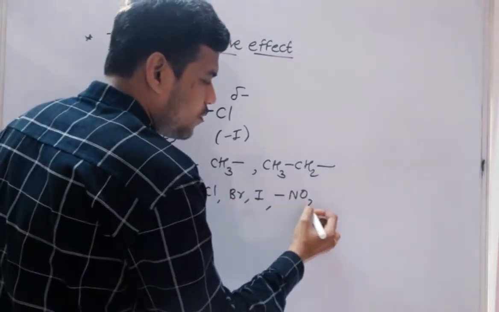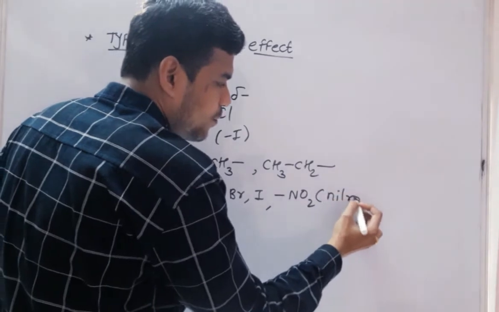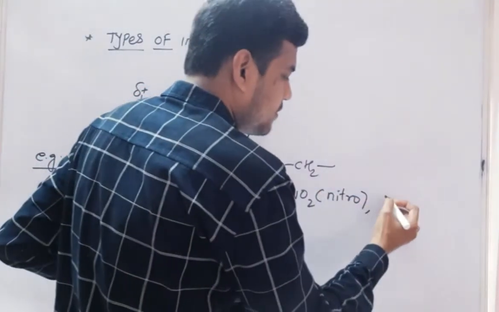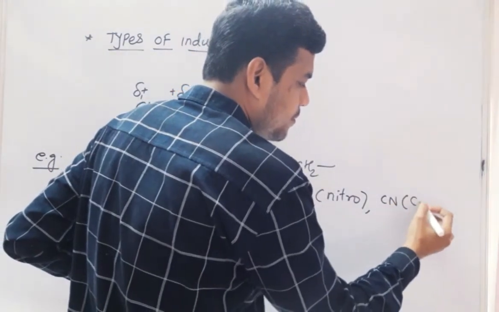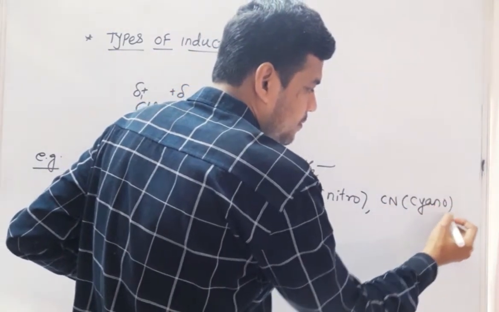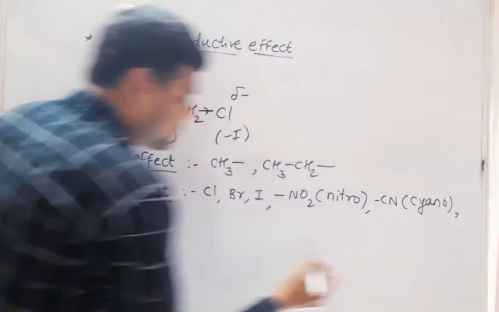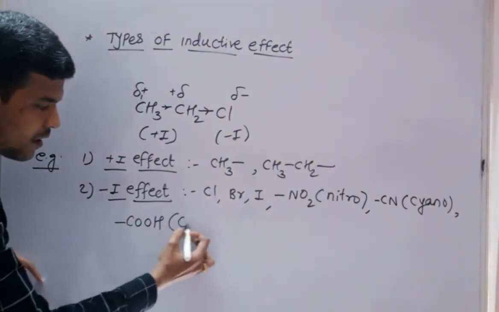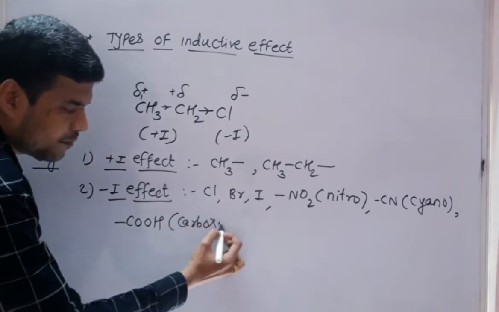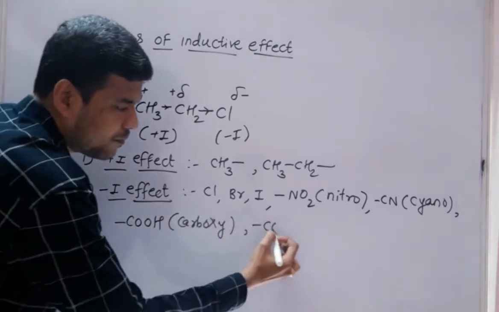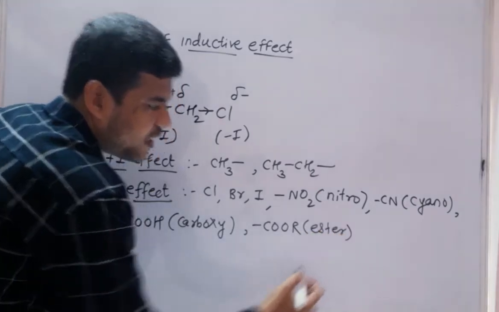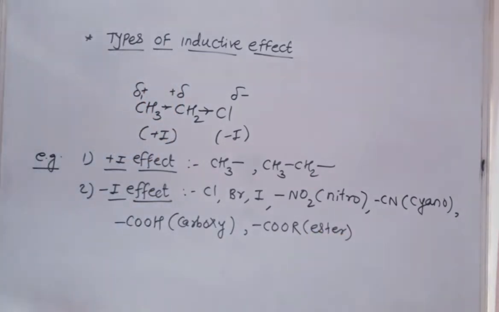NO2 means the nitro group. It withdraws electron density once it is attached to the carbon. Then the cyano group, the carboxy group COOH, and the ester group: they all withdraw electron density when they are attached to the carbon.